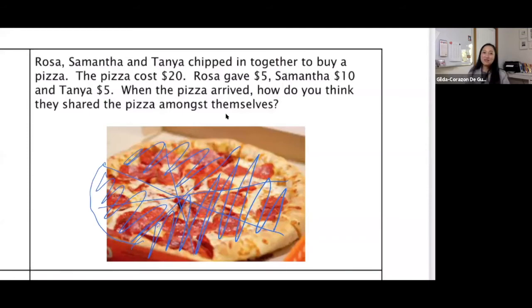All right, so do you think it would be fair that way? Or what do you think Samantha and Rosa and Tanya actually did? Because they didn't give the same amount of money, maybe the pizza that they get would be in proportion, or of the same ratio as how much they've pitched in.